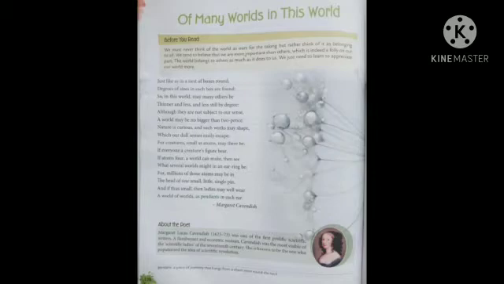Basically, in this poem, it is told that every world contains other smaller worlds within itself, and those worlds further contain even smaller worlds within themselves. So the poet has made a comparison of this world to a nest of boxes where different kinds of boxes are found within each other.